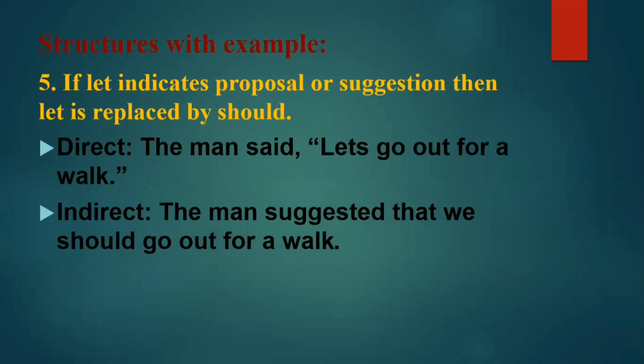We have used here should before the verb, and then verb go out for a walk. I mean rest of the part. So I think you have understood. In case of let's, we have to use this type of ways actually. Subject, then suggested or proposed, then that, then again subject, then should before the verb. I think you have understood, dear learners.